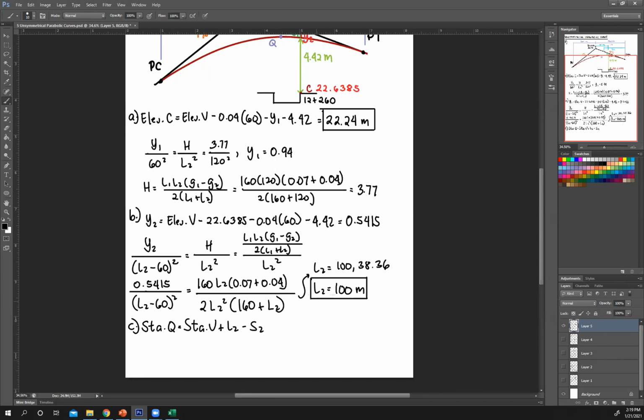L2 is given, is solved for 100. Now I need to solve for S2. So S2 using equation is this, is just G2 L2 squared over 2H.